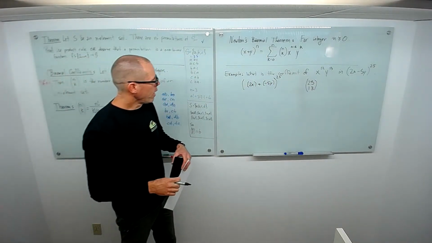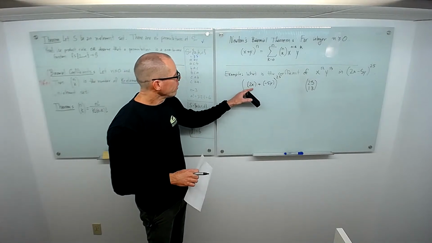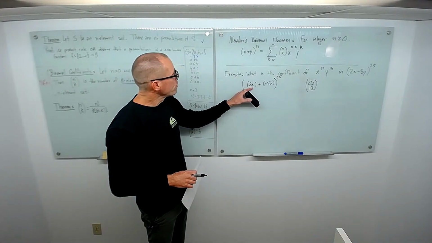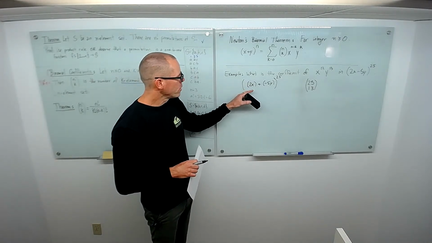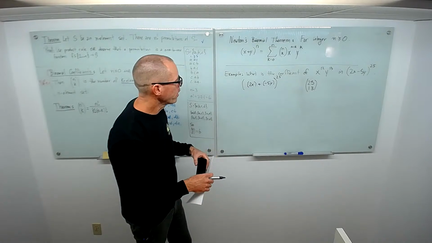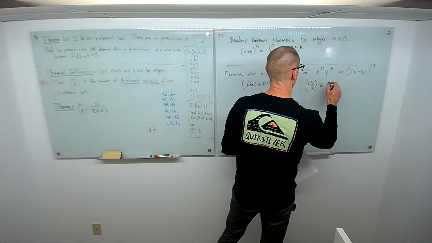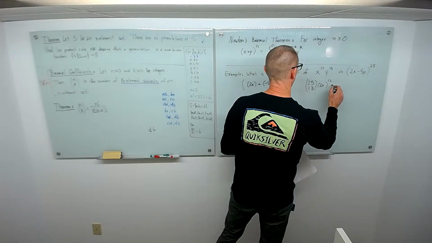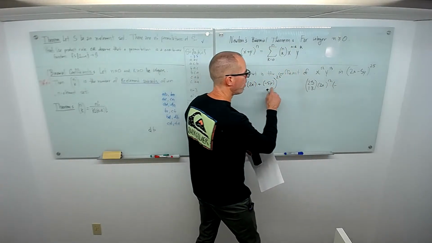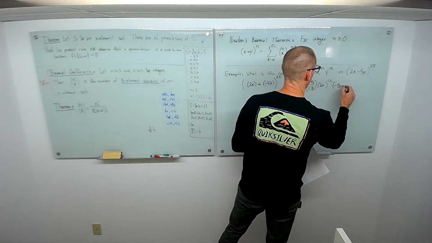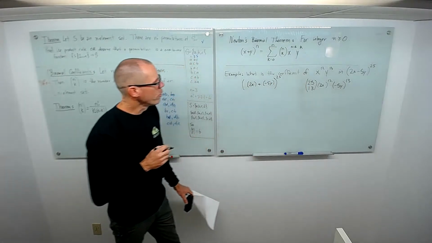But here, what we have as the first variable is 2x, not x. So we're going to get a 2x to the 12. And the second variable is a minus 5y. We get that thing to the 13.